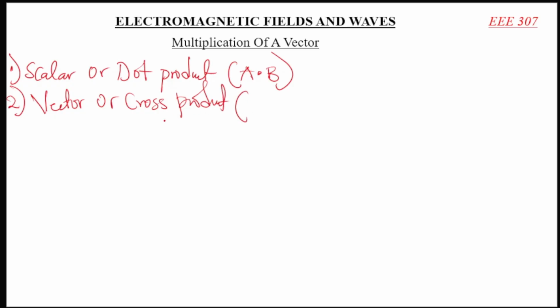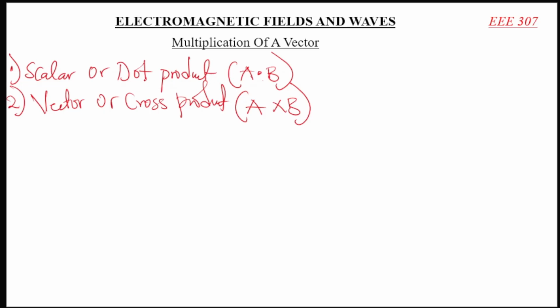We represent it in this manner: A cross B. Looking at this, it tells you that we are talking about the vector product.